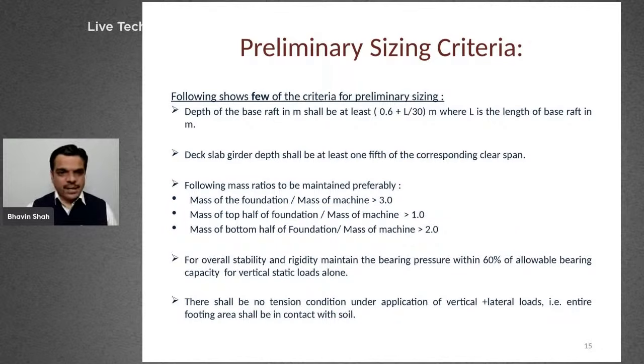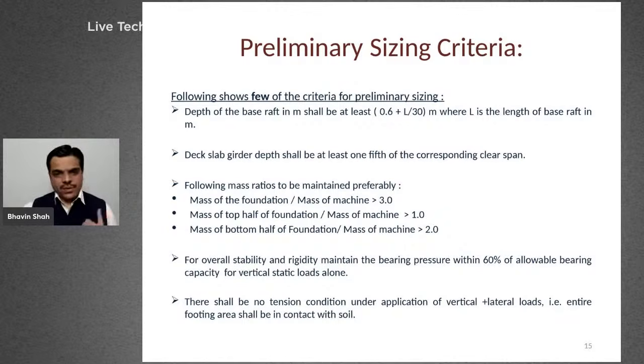There are a few more criteria, like mass of the foundation by mass of the machine, as well as mass of the top half of the foundation divided by mass of the machine. With these several criteria, we do the preliminary sizing, considering the functional requirements as well as the data provided by the equipment manufacturer.